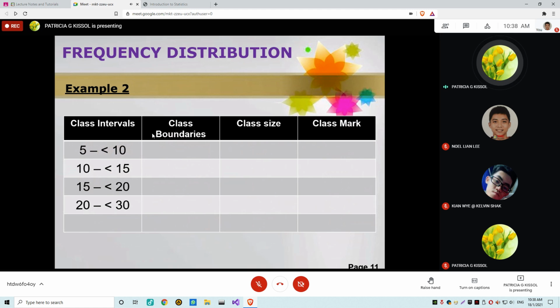So it could be that the value we have here is 9.9999 because it's simply less than 10. So the next value is 10 to less than 15. It could be 14.9999. Is that clear?